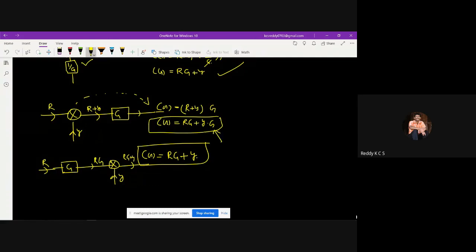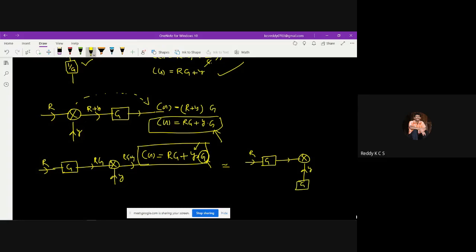So what is leftover here? For the signal value of Y, if I multiply with the block gain of G, then this will become RG plus YG.